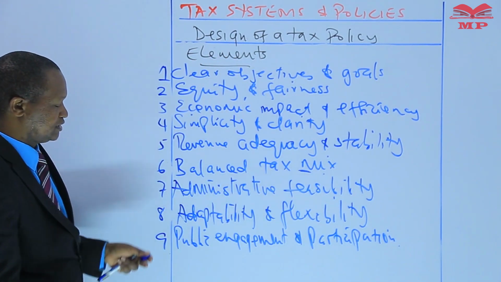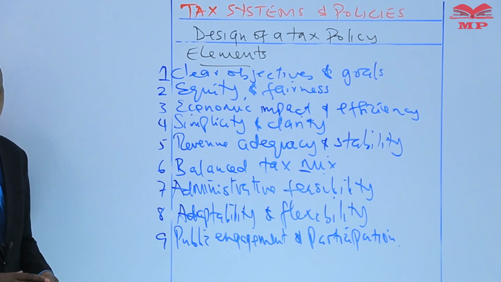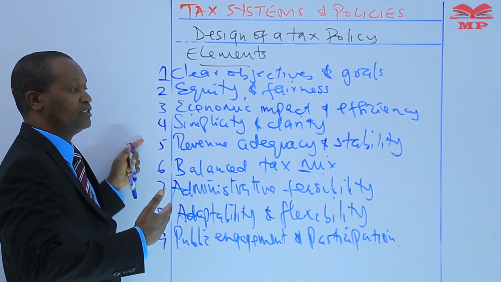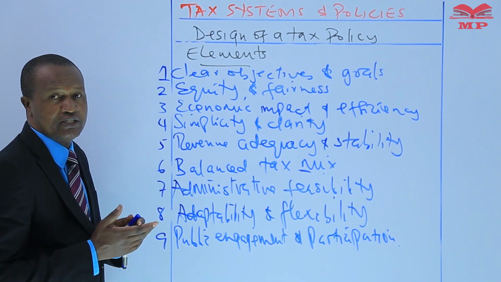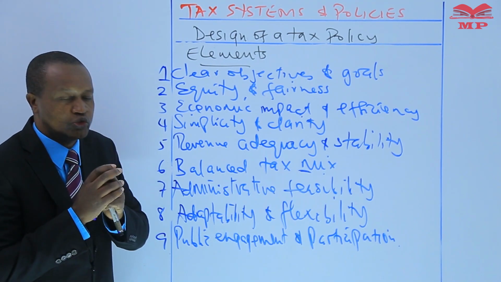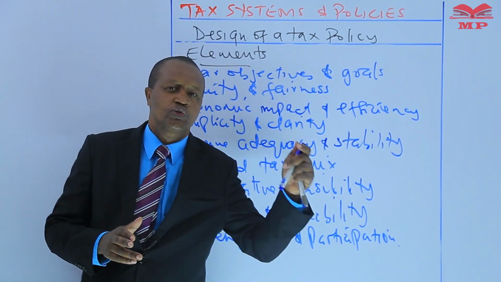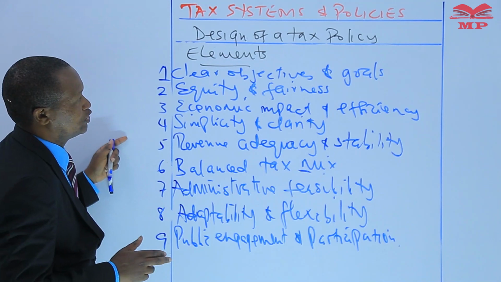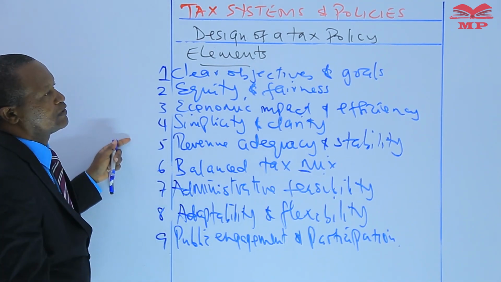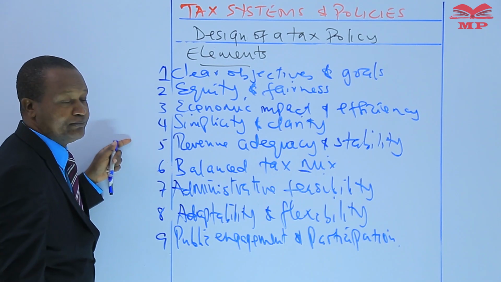Public engagement and participation. That means involving the stakeholders and the public in the tax policy formulation process in order to ensure transparency, in order also to ensure what we call legitimacy.